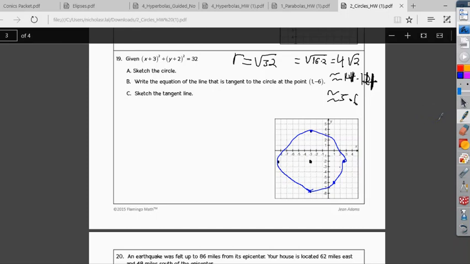Okay, so what I need to do is find the slope of this line. First, this will be a line segment, the radius, and the line tangent at this point is going to be this line right here. It'll create a 90-degree angle with this radius. This is the point at 1, -6.